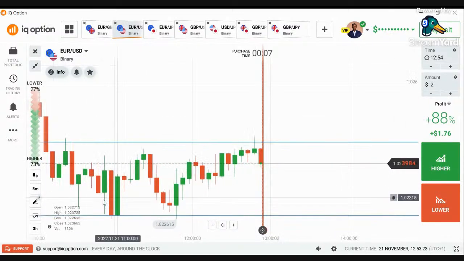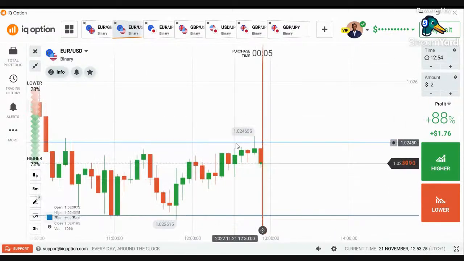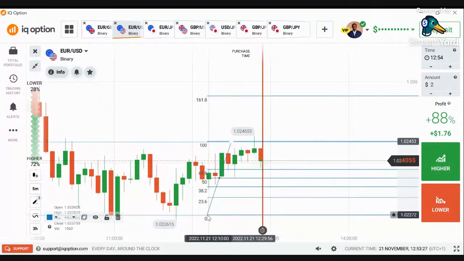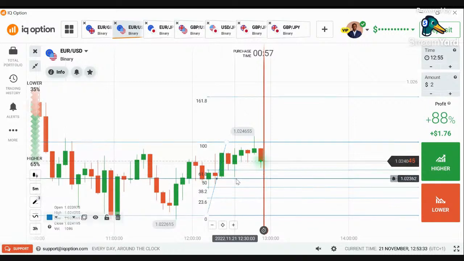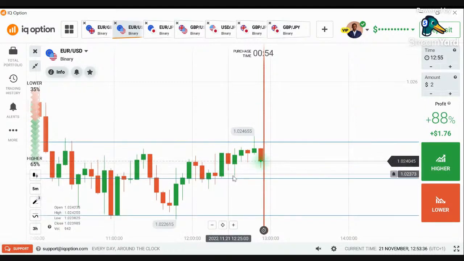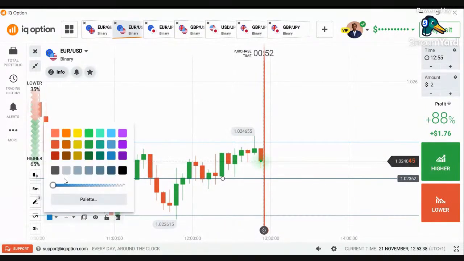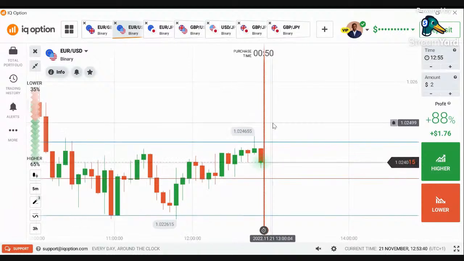Like I said, it's going to drop maybe to half of the range and reverse. It's going to drop half of the range, and let me change the color, and reverse.